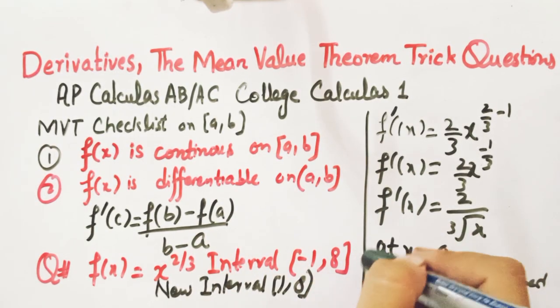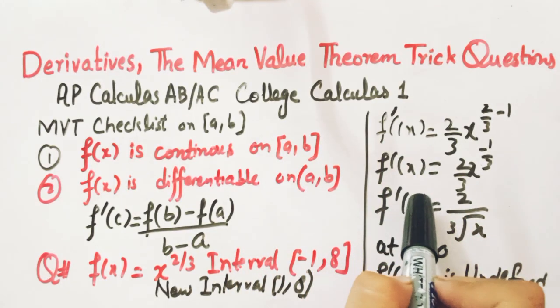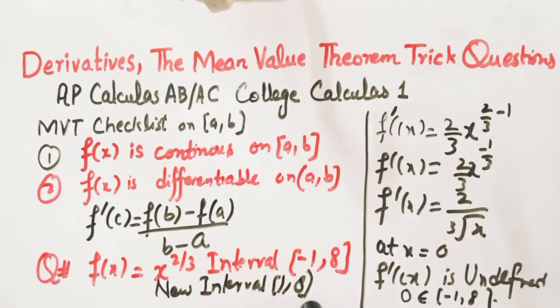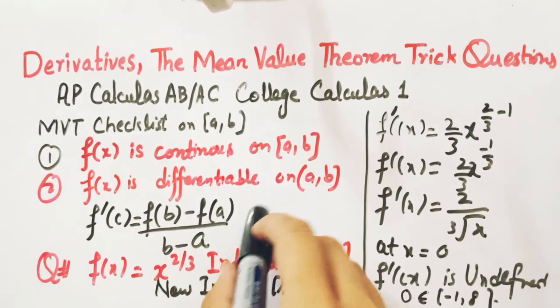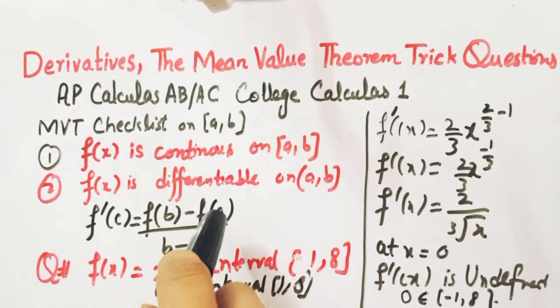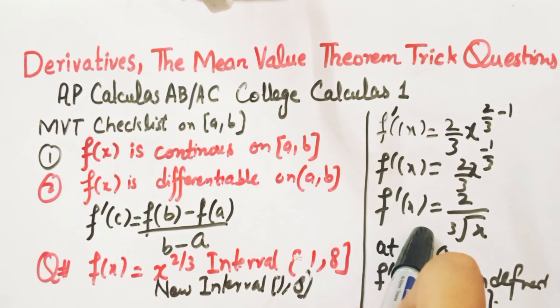Let's check it. Since 0 is no longer inside our interval, the function is now perfectly continuous and perfectly differentiable.